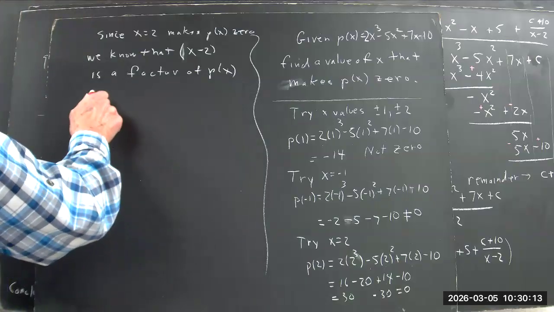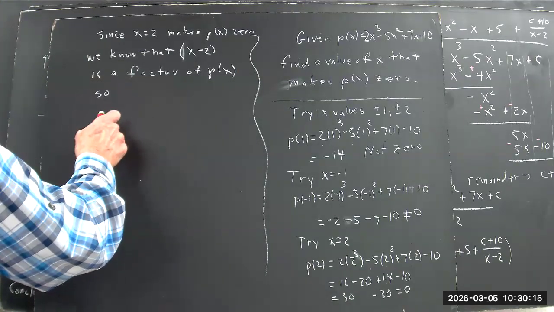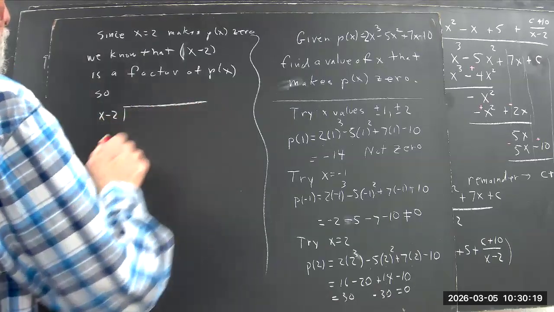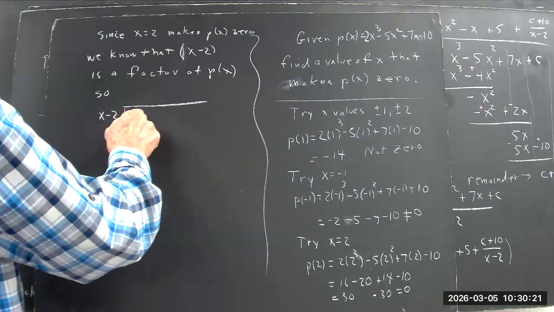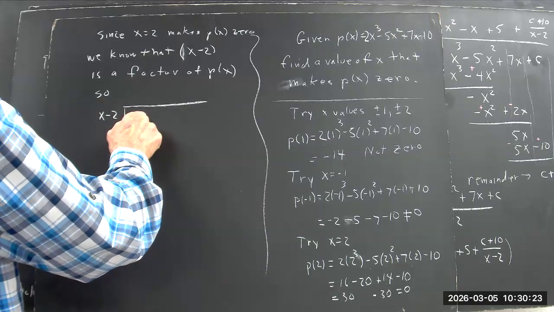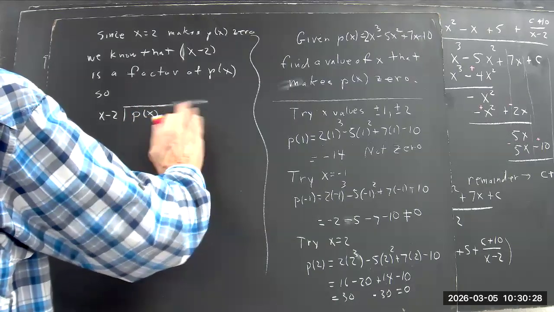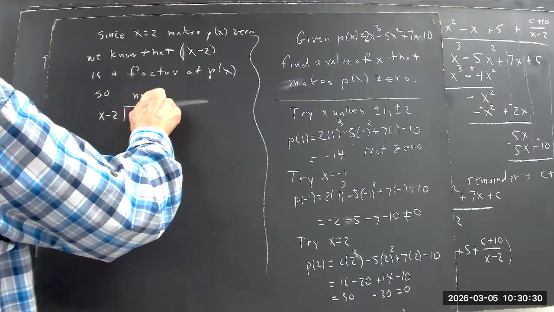This is a factor of p of x, and it follows that x minus 2 divided into p of x gives you no remainder.